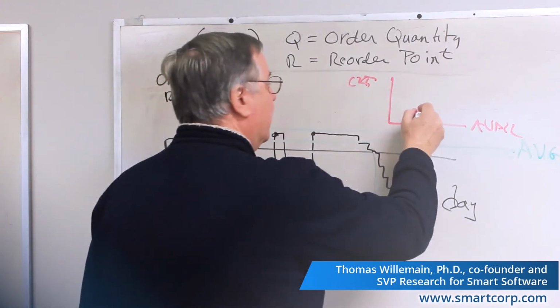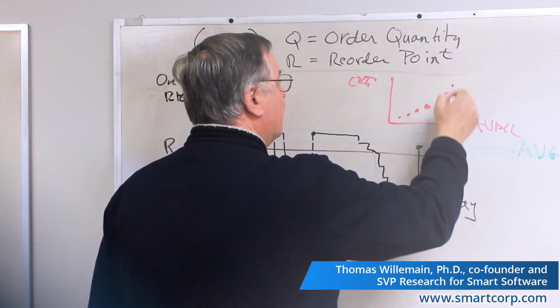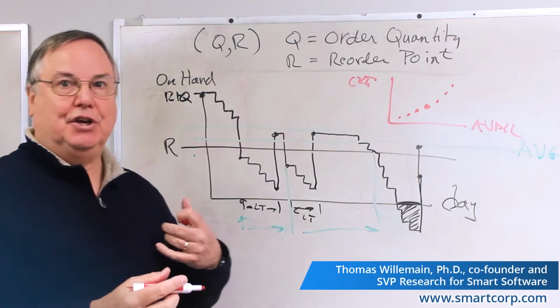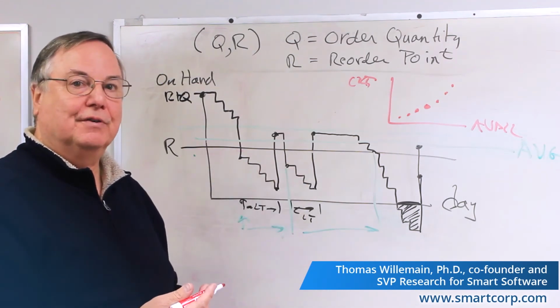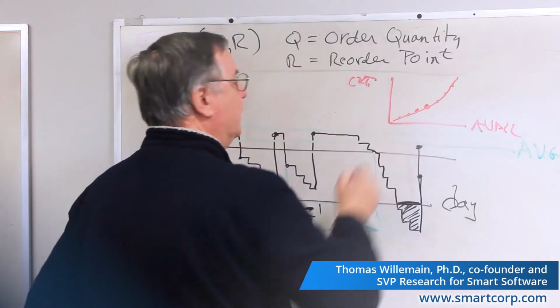And if you try different policies, you can basically discover what the curve is by saying, let's change R, let's change Q. It'll move your place.